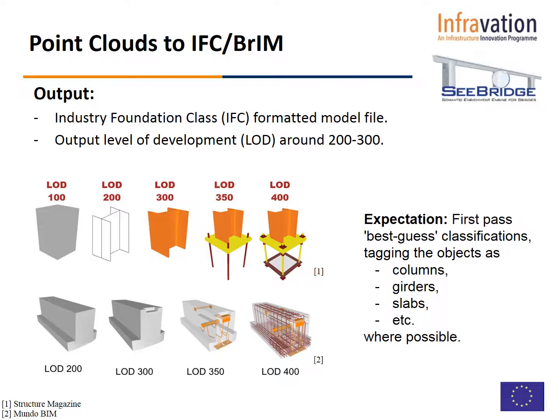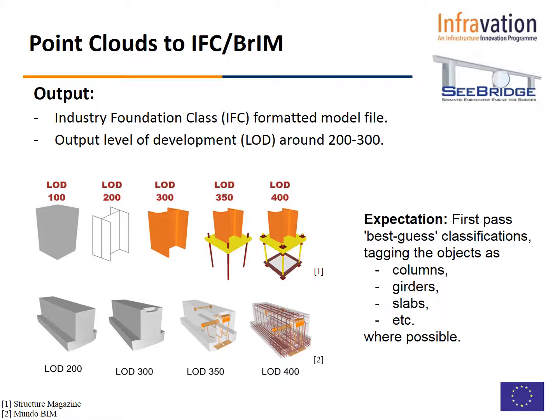What I show you here is that the output we expect is around level of development 200. You can see that the 100 level is just this aligned bounding box. It basically says there is a component here, and this is its rough shape. LOD 200 starts to capture a little bit more of it. So if there's a girder, it will capture sort of the contours of the girder.